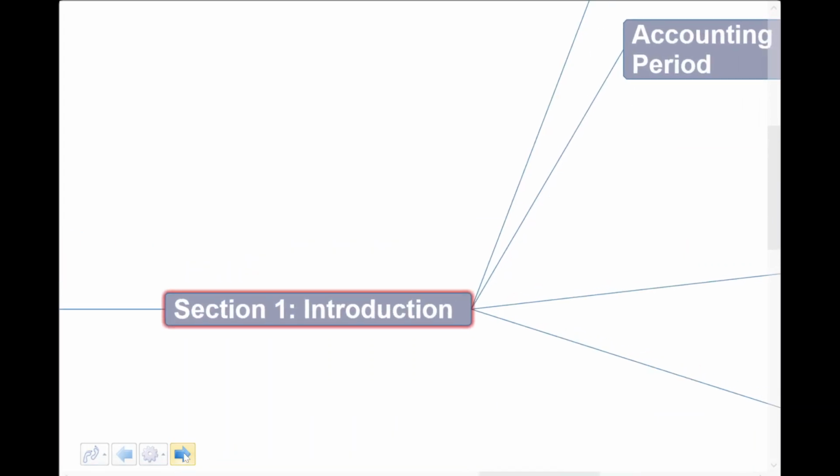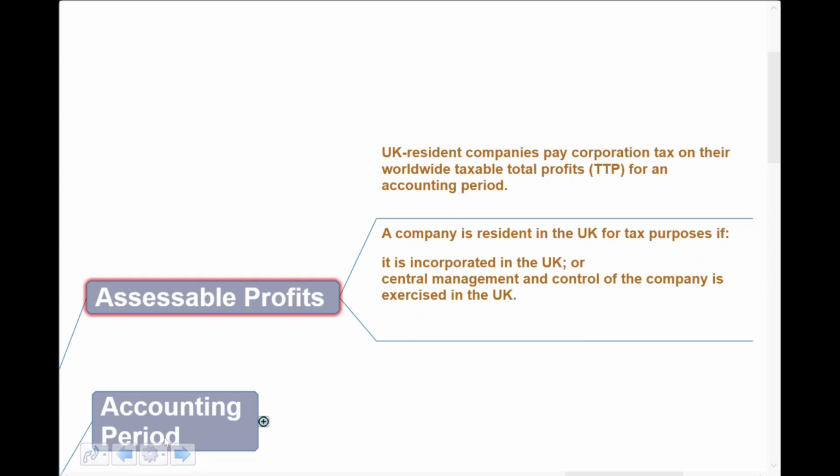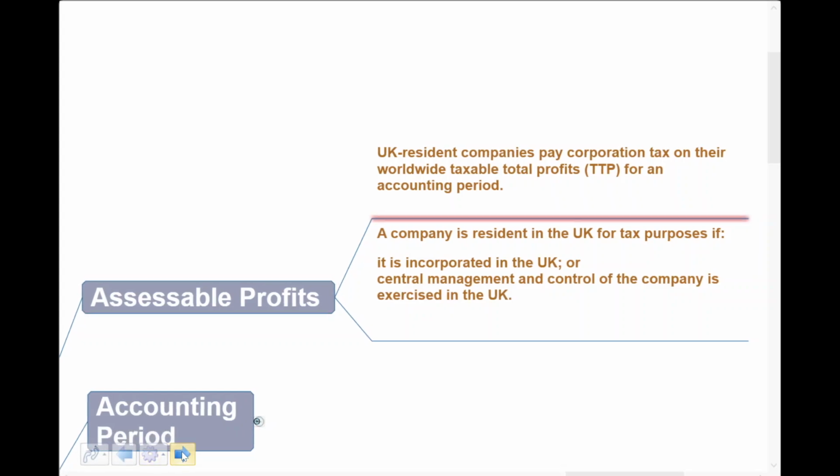So let's take a look at this first area, a sort of introduction in one sense, because what we've got to think about is, okay, I've got a corporation, but what are its assessable profits under the UK CT banner?